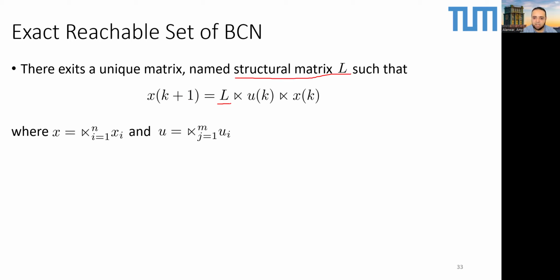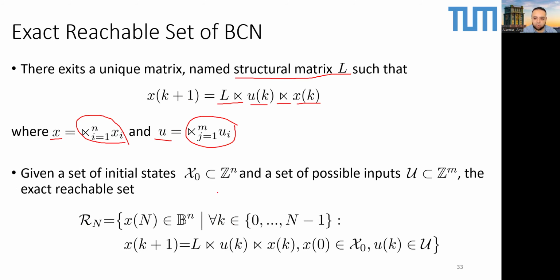And this structure matrix is semi-tensored with the input and semi-tensored with the state, where the X is the semi-tensor of all the X's, and the U is the semi-tensor of all the U's.